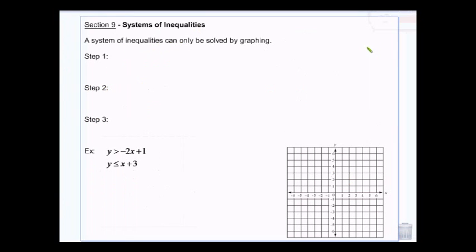Inequalities. Now, to graph a system of inequalities is very similar to graphing just a regular inequality. So the first step is to put each equation into y equals mx plus b and graph them. Well, they're not equations, sorry, they're inequalities.